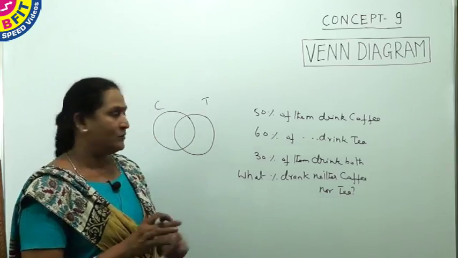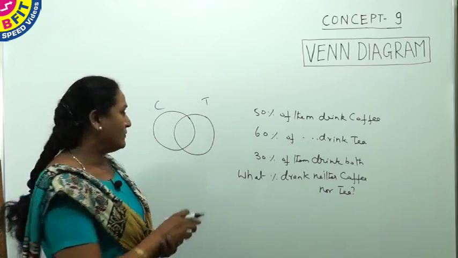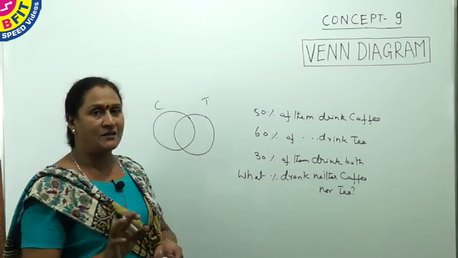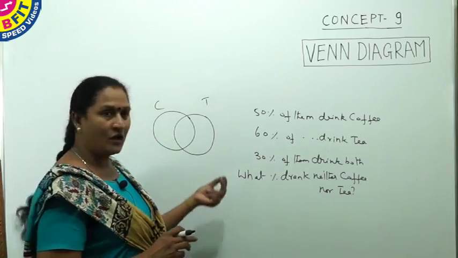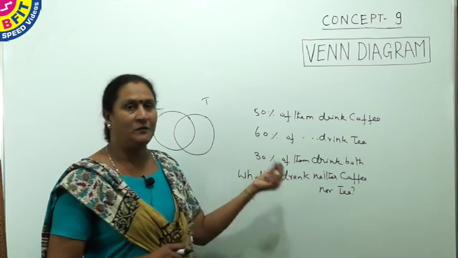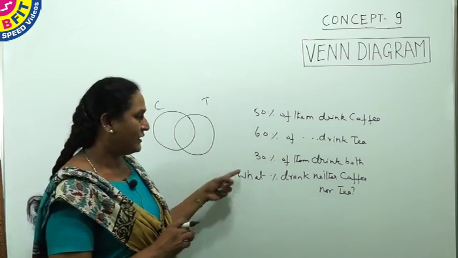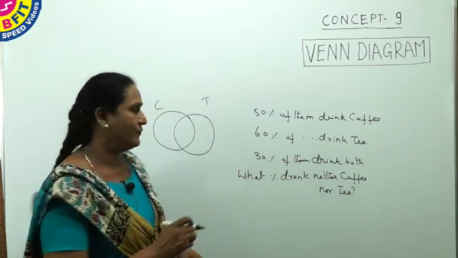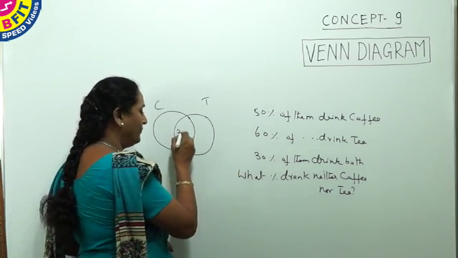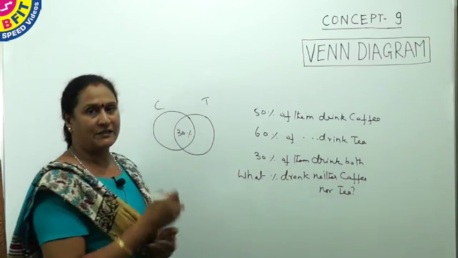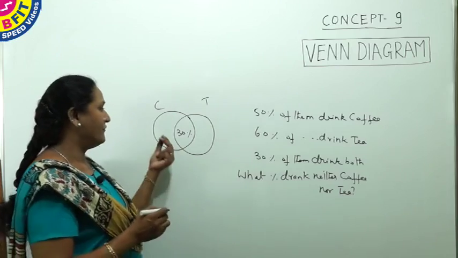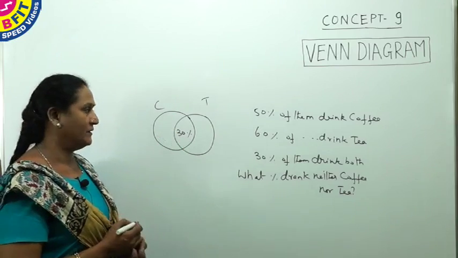Normally, to fill this Venn diagram, the intersection part has to be filled first, because without subtracting, we'll be writing these values. So 30% of them drink both. So here what will be the value? It is 30%. And now we can fill the coffee and tea circles.